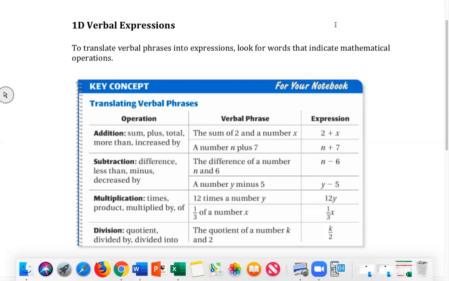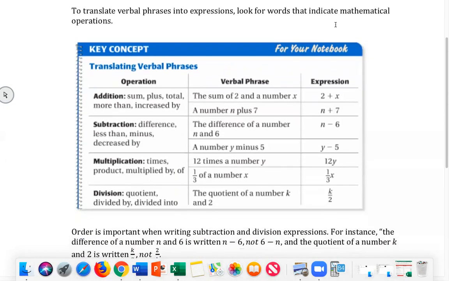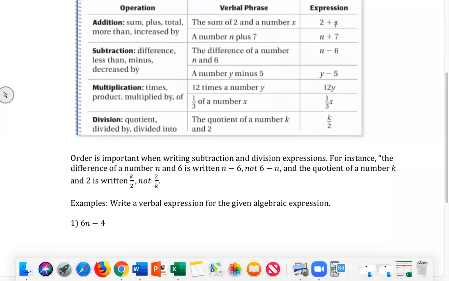Quotient, divided by, divided into, and all right. Well, there is one here that comes up. It's per. Sometimes when you hear the word per, it means to divide.